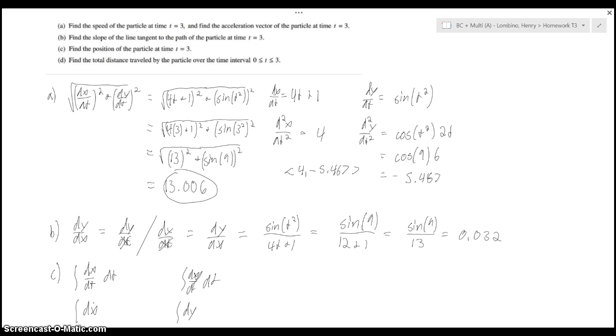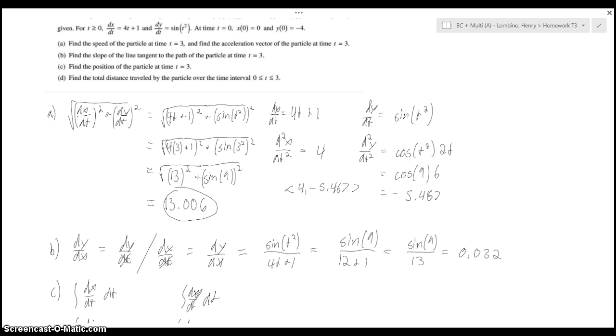However, that changes depending on what x or y is at 0. But luckily they do give us that. They say x(0) equals 0, and y(0) equals -4. So what you're going to do is find fnInt, but then add 0 and add -4, or technically subtract -4, from x and y respectively.